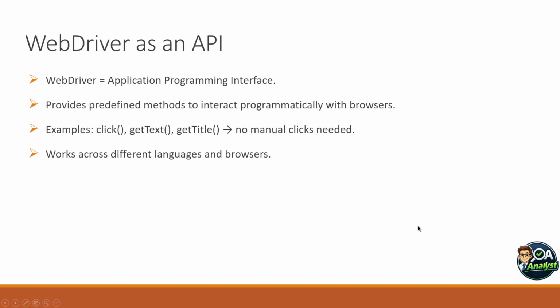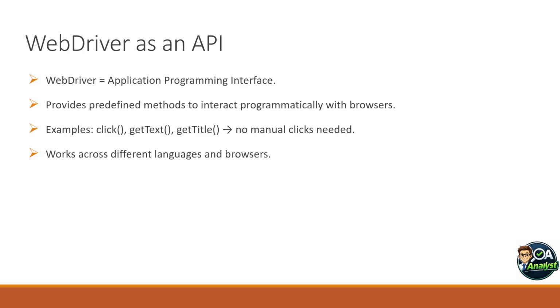So now let's discuss WebDriver as an API. Why is it called an API? WebDriver is also called an API, that is nothing but an application programming interface. Because it gives a set of predefined methods to interact with the browsers in a programmatic way.